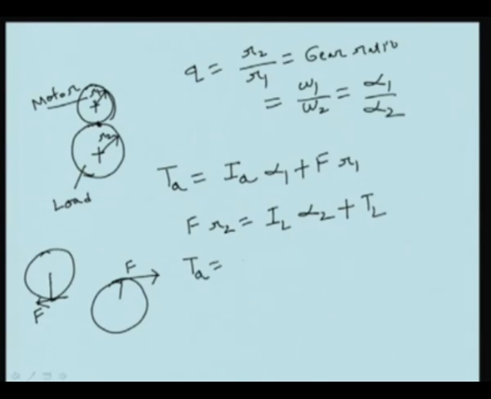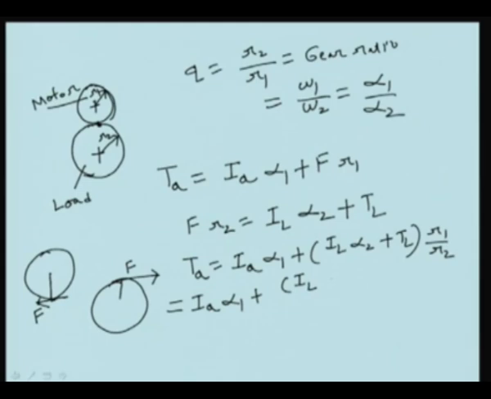So TA is equal to Ia times alpha 1 plus IL times alpha 2 plus TL R1 by R2, which can be written as Ia times alpha 1 plus IL alpha 2 plus TL divided by Q, R1 by R2, that is, this R1 by R2 has been replaced by 1 by Q. So, this is not there.